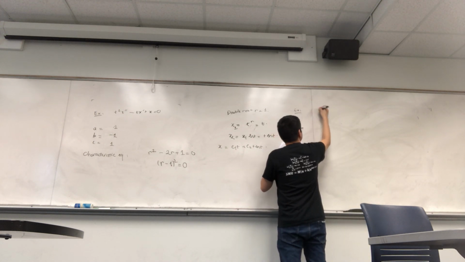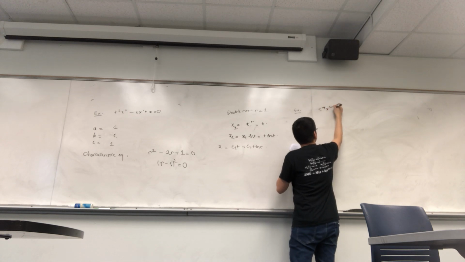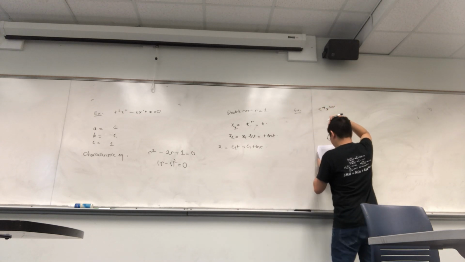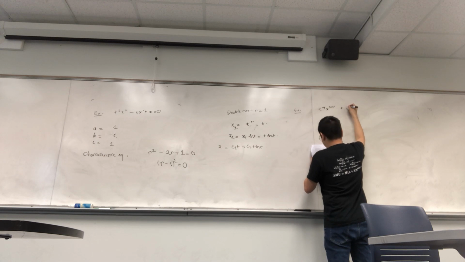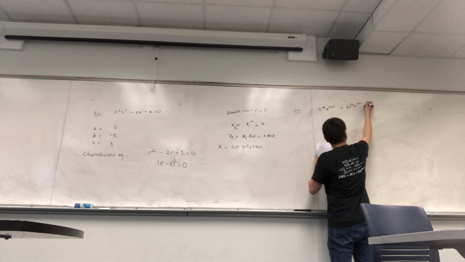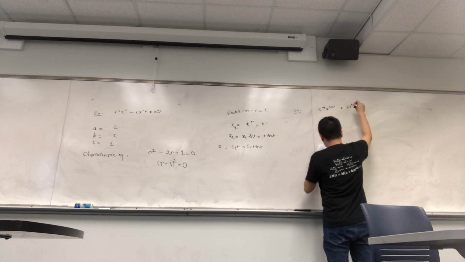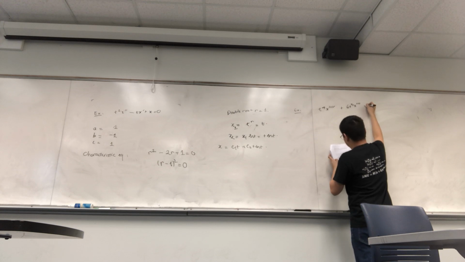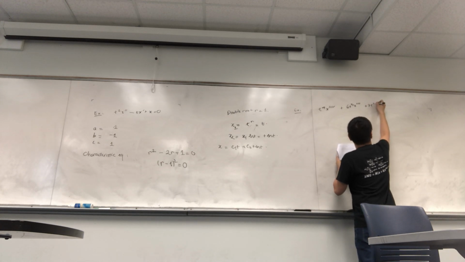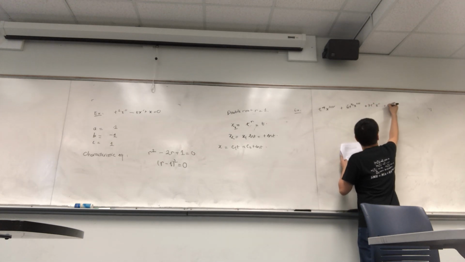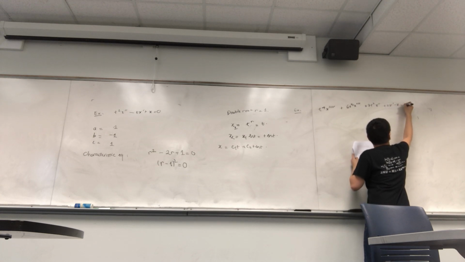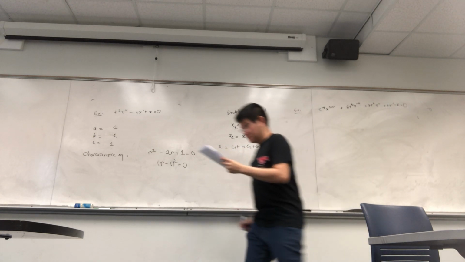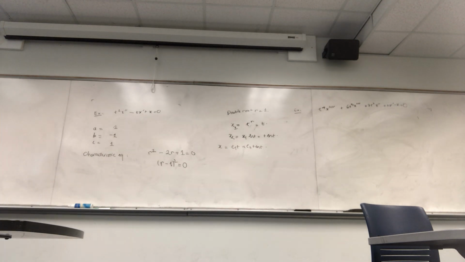So you have t to the 4 x fourth derivative plus 6t cubed x third derivative plus 7t squared x second derivative plus x prime minus x is equal to 0. Right, so this is a fourth order equation, but the same method applies.